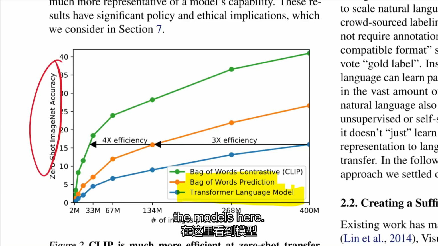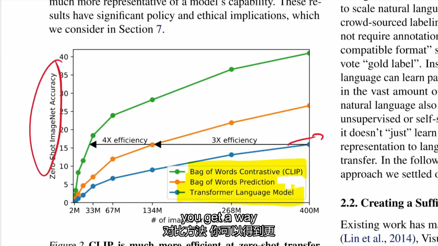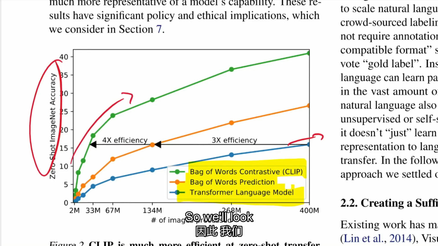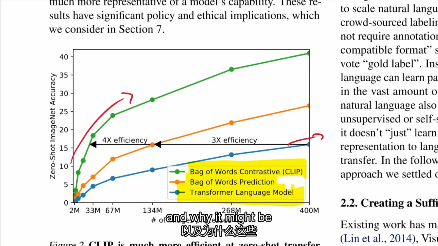You can see the models here tend to go up, but it's questionable if that will ever reach the orange line. And with their new objective, the contrastive method that this paper suggests, you get a way bigger performance. So we'll look at what this zero shot accuracy means and why simply predicting the text from an image might not be a good enough idea.